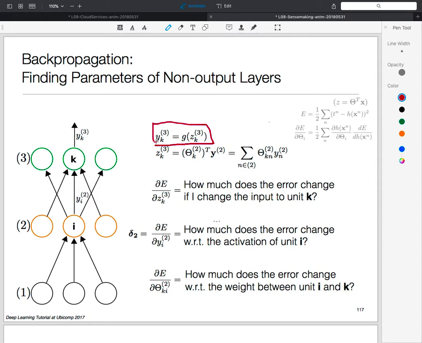So at every step, I compute a series of these things. As I go backward, I say what is the derivative of e with respect to one of these variables, and then the e of theta.